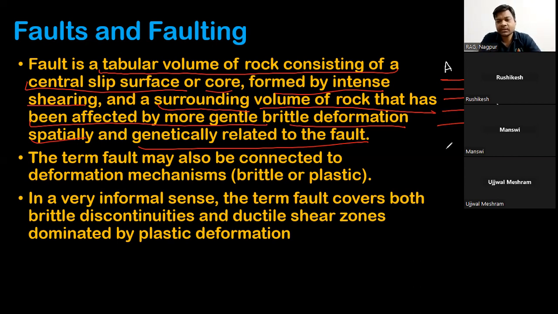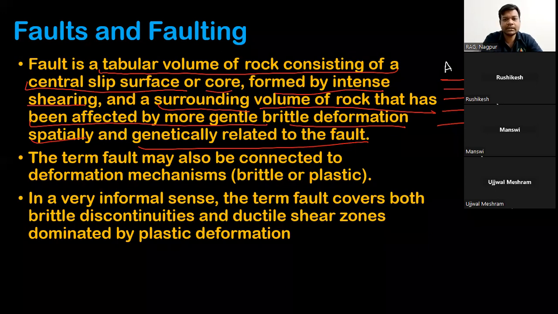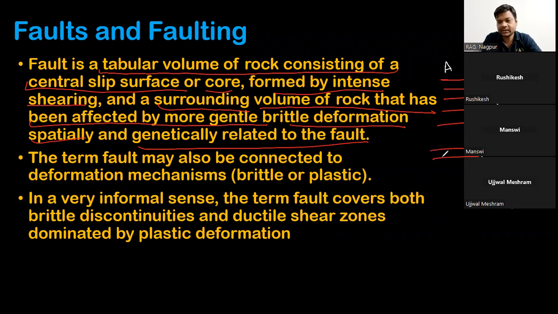So this block B has moved in the downward direction like this. Such a kind of structure forms, and this kind of structure is basically called a fault.